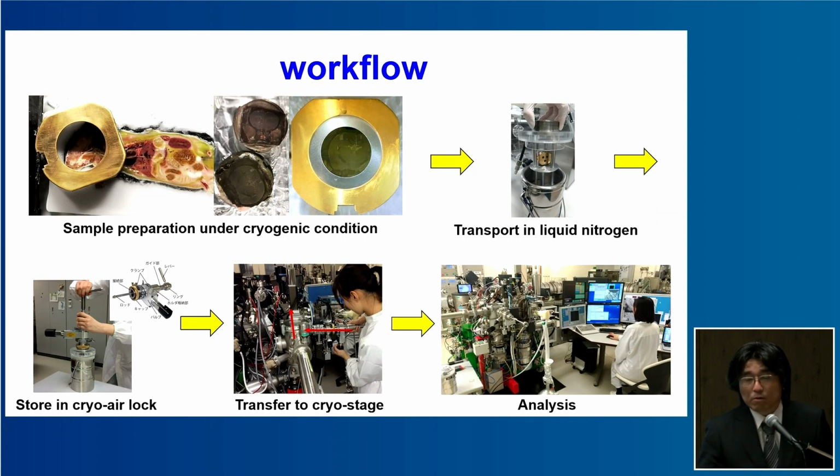This is the flow of cryoanalysis. First, after surface and sample preparation, conductive film coating is performed in a cryo environment, and the sample is set in a cryo holder, transported in a container filled with liquid nitrogen, and stored in the cryo airlock.